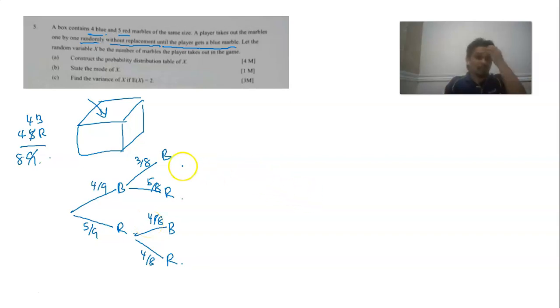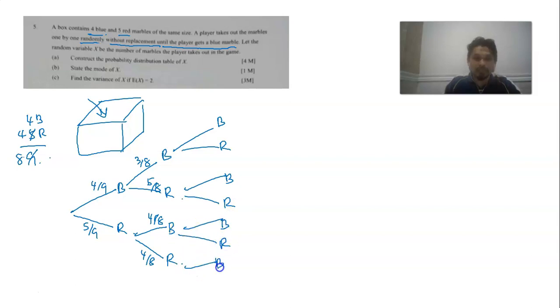If the sum is not equal to 1 for every pair of branches, then there might be something wrong with it. Okay, and then you may continue with another blue and red, blue and red, and so on.